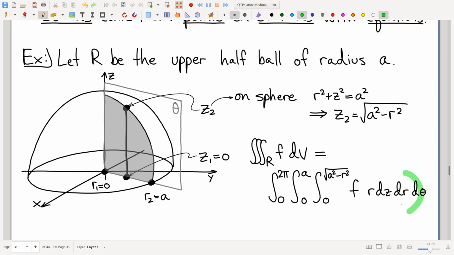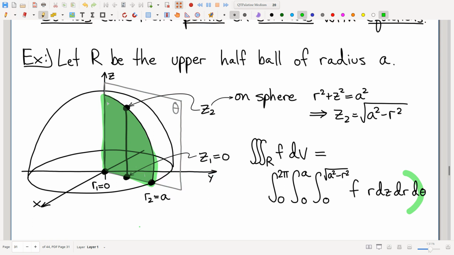Let's think about theta. Well, here's a theta half plane. The resulting theta slice, I appeal to your geometric intuition, is like this. That's a theta slice.